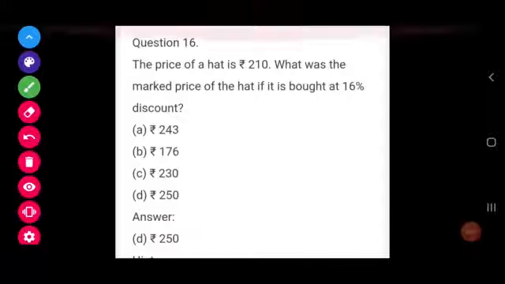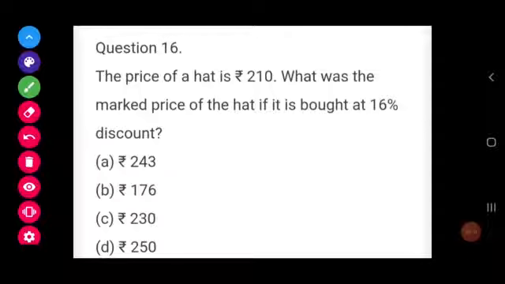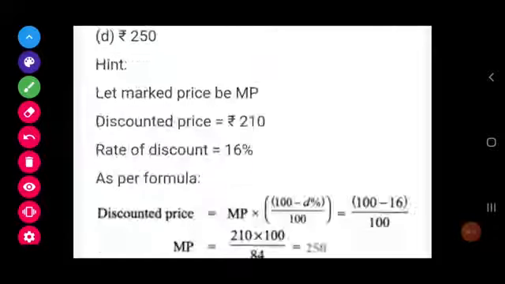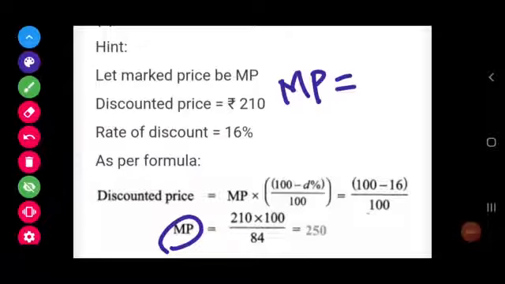Next question number 16. The price of a hat is rupees 210. What was the market price of a hat if it is bought at 16% discount? So we need to find market price. They have given discounted price 210 rupees and the discount percentage 16%. The formula is MP equal to, directly we can use the formula, market price equal to discounted price or else selling price.